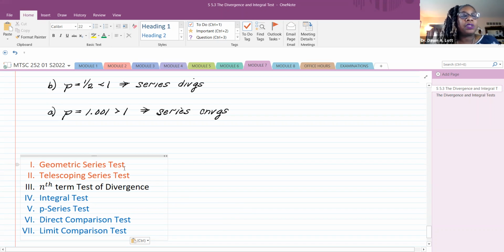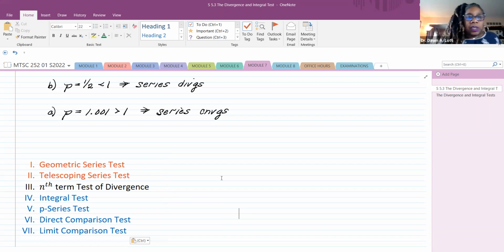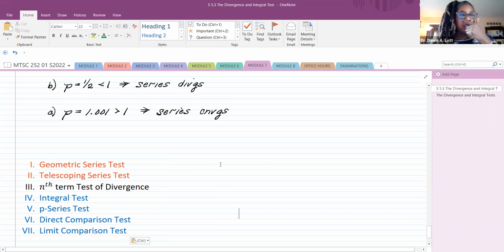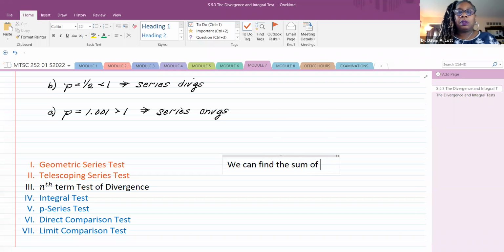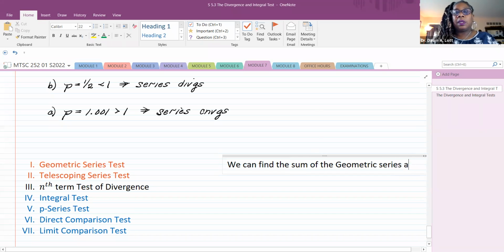Okay, so the first thing we did was the geometric series test, and then we did the telescoping test. They are in red. These are series we can sum: the geometric series and the telescoping series.